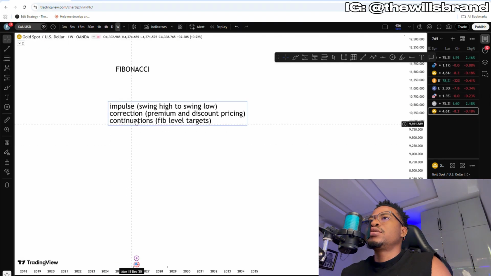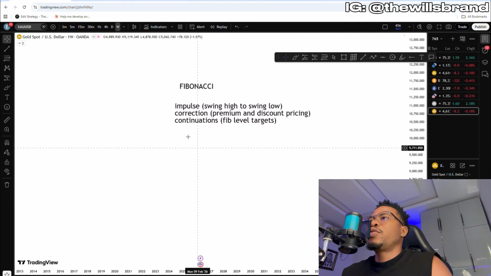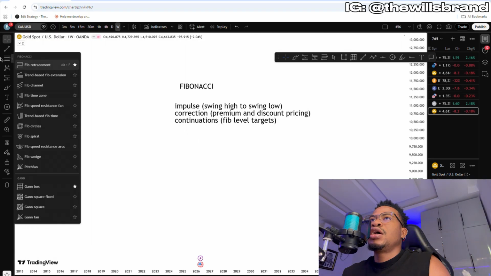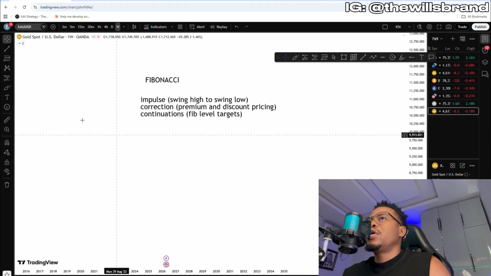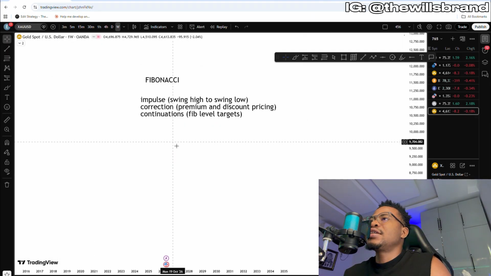So listen. We have Fibonacci, and you go to the tool under Fibonacci, you pick up your fib retracement tool, and that's what we'll be using. Now the fib retracement tool, you can customize it. If you put up the tool on your TradingView, the default has a lot of settings that are so complex.